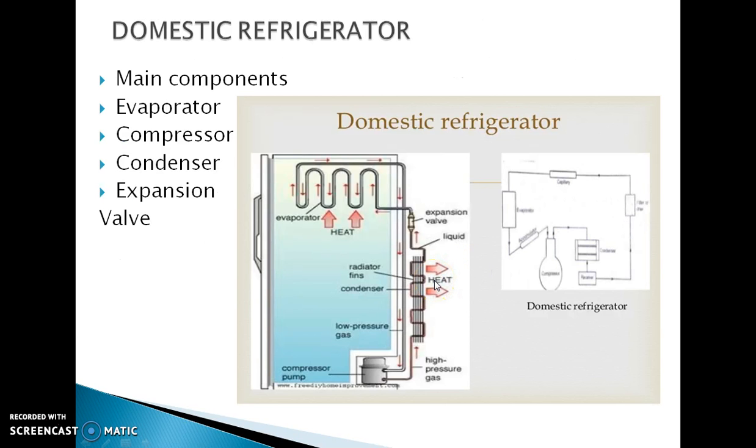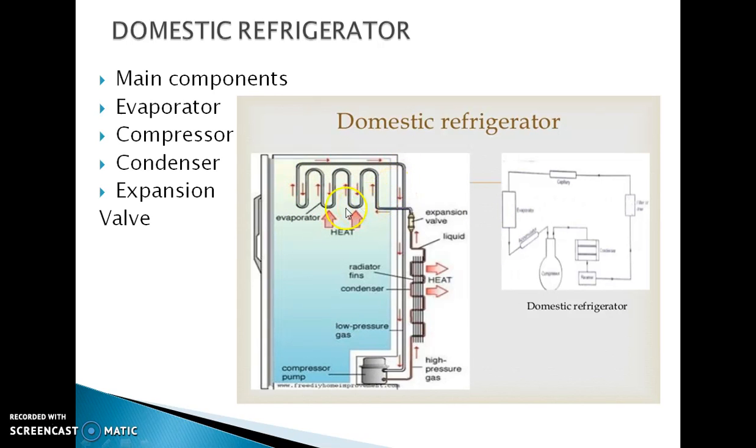The first application is about the domestic refrigerator. The main components of the domestic refrigerator are evaporator, compressor, condenser and expansion valve. So in this figure we will see where these components are located. This is the evaporator.